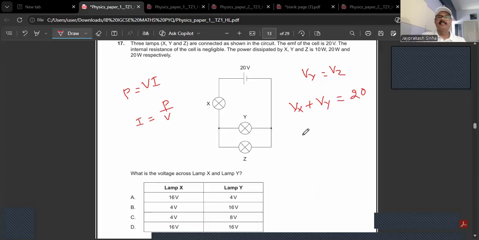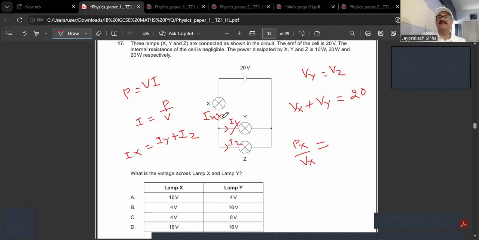Then we can write P_x upon V_x. If the total current I_x is flowing through this, this is I_y, this is I_z. So what is the relation? I_x is equal to I_y plus I_z.